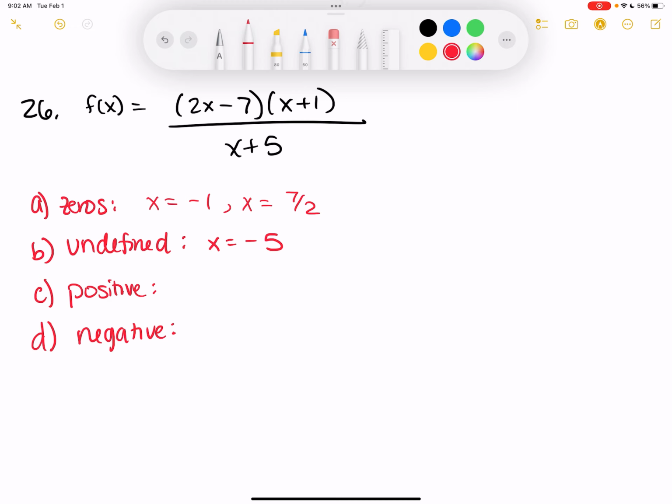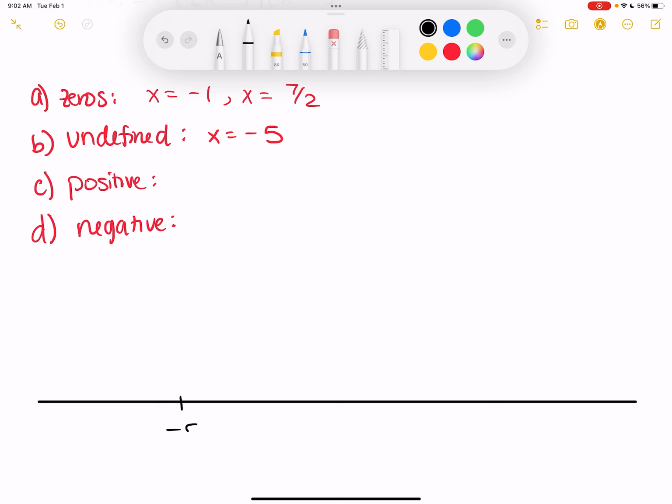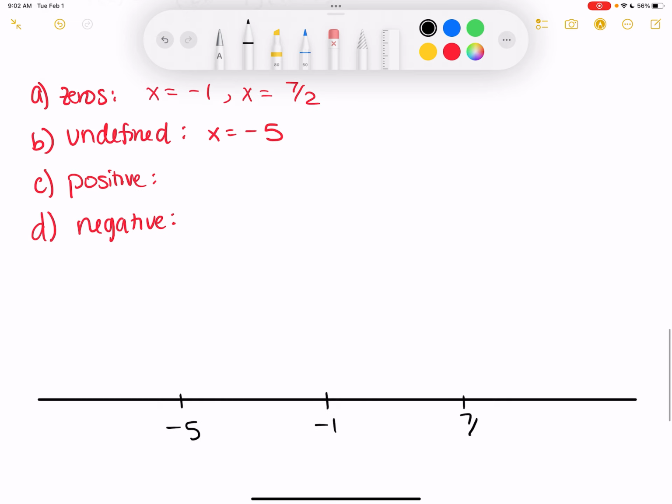Now we have to do everything. So now we're going to set it up. I'm going to go down here to do it just so that there's room, because this one, like I said, is a little different. Now, we still count where this is undefined when we put it on here, but it is not able to exist there. So we still write -5, then -1, and then 7/2.